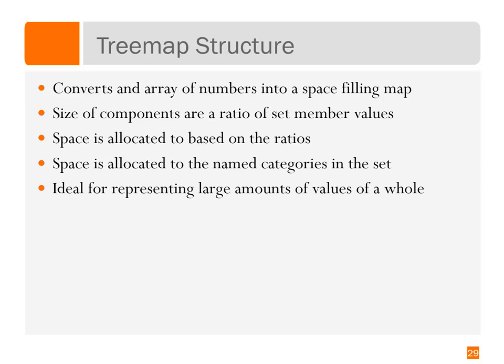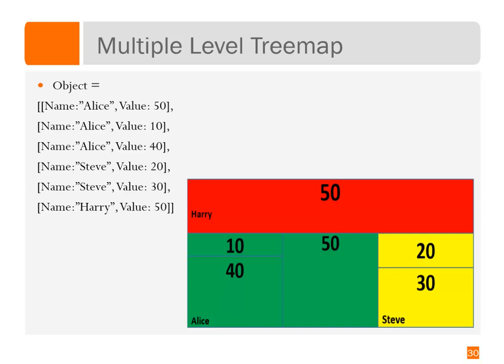So let's take a look at how some of that lays out. Here we have different objects. Name Alice, value 50. Name Alice, value 10. Name Alice, value 40. You can see those highlighted in green in the tree map. Name Steve, value 20. Name Steve, value 30. We see those highlighted in yellow. And then finally, we have Harry with the value of 50.